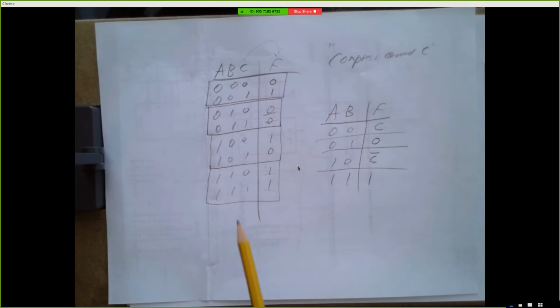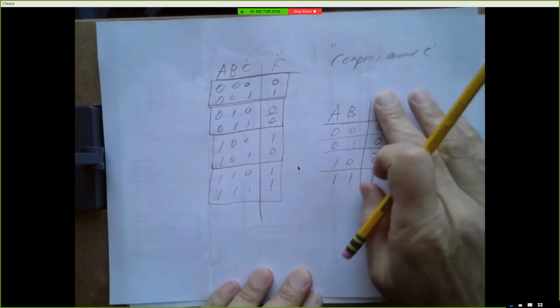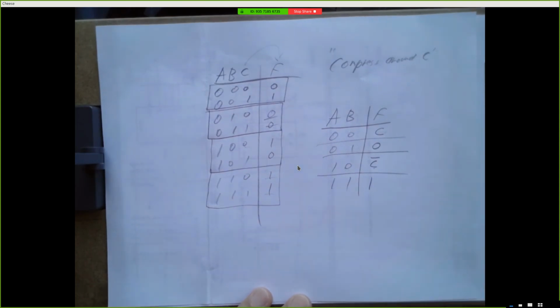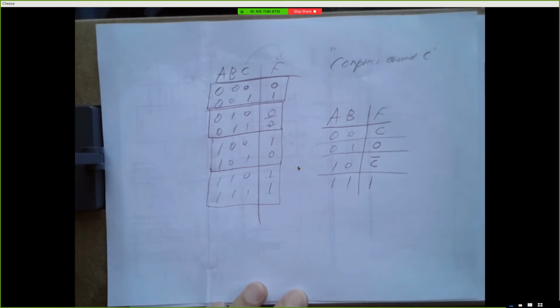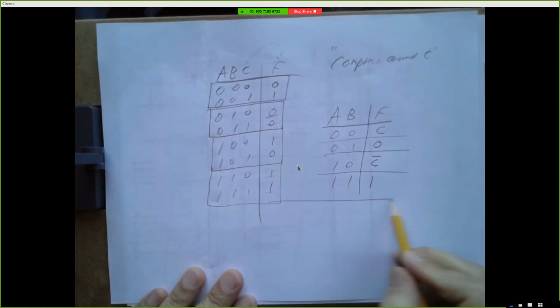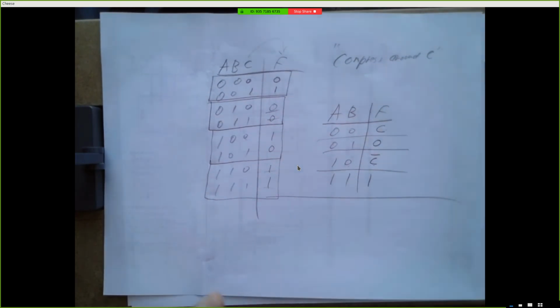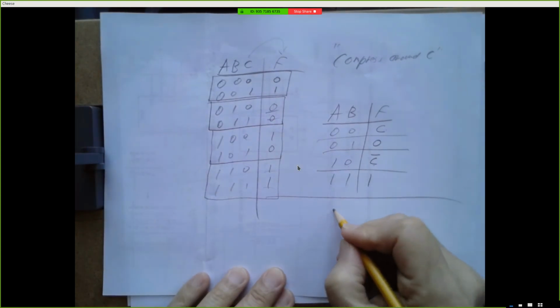That just works out because B happened to be 1. But that would be correct. We can keep going. I'm not going to, but you could keep going. Okay, you can say compress around B.